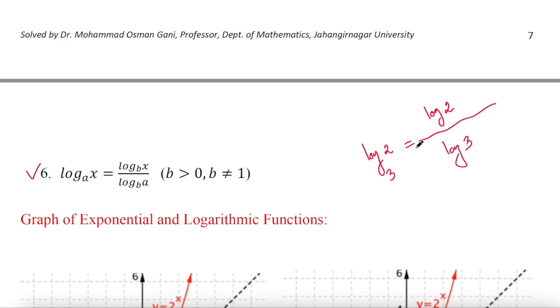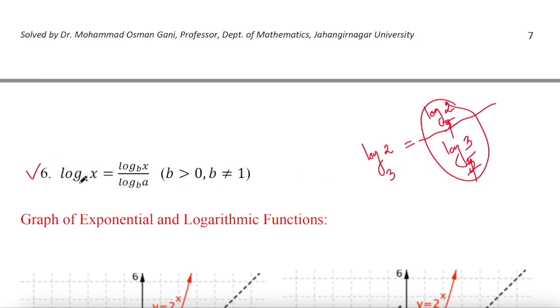This 2 is this 2, and this 3 is this 3. Now if you need base 5, you can put 5 here and here. Note that these two logarithms in this fraction will be of the same base. If you need base 7, then you put 7 here as well as here.